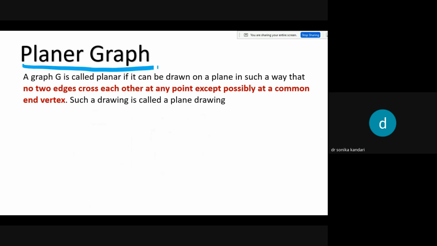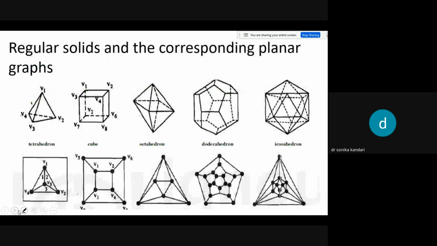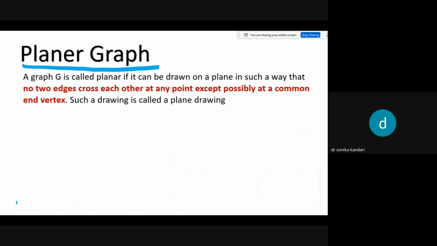Now coming on to planar graph. Have you heard of planar graph, class? No, ma'am. Suppose we create a graph like this. Can you tell whether this graph is a planar graph or not?